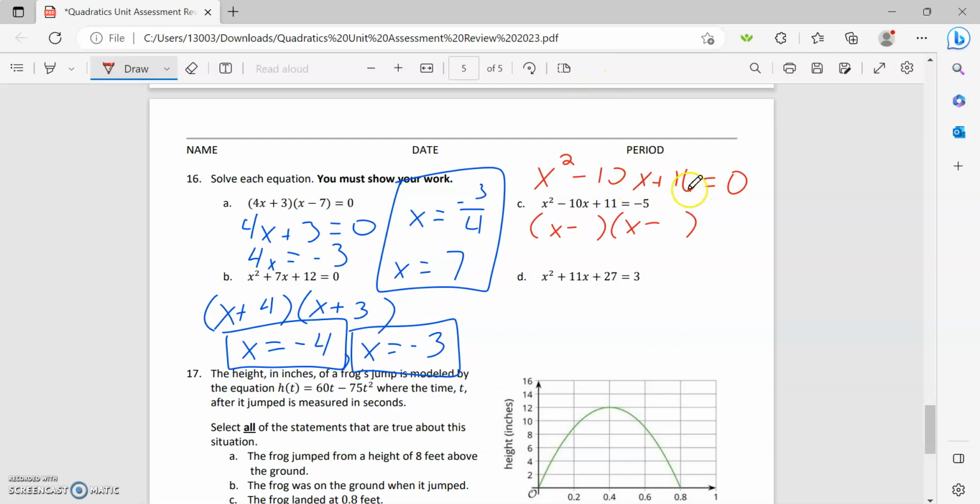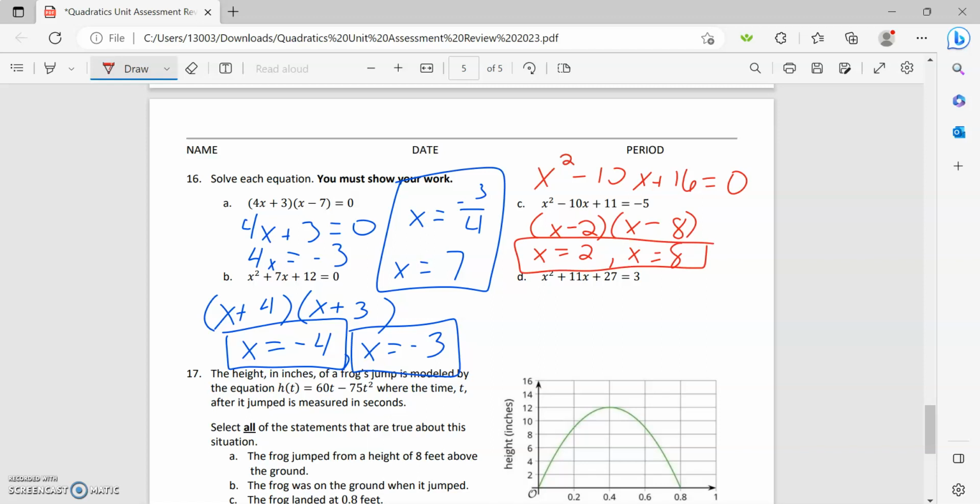Two numbers that multiply to 16 and add to negative 10. Let's see, 4 and 4, no. 1 and 16, no. What about 2 and 8? x minus 2, x minus 8. Together they multiply to positive 16, but summed together, negative 2 and negative 8, that's negative 10. So my answers here are x is 2 and x is 8.